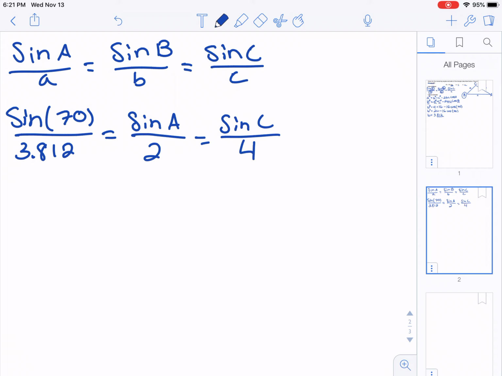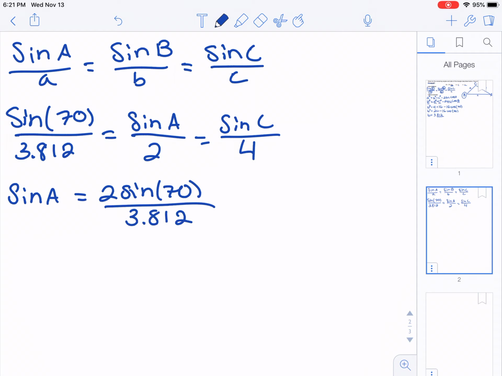So I'm going to break this up, solve for them separately. So this means looking at just the sine A over 2, multiplied by 2 on both sides, we end up with sine A is equal to 2 sine 70 over 3.812. Actually, I'll do that right now. 2 sine 70 divided by 3.812 will give us 0.493.